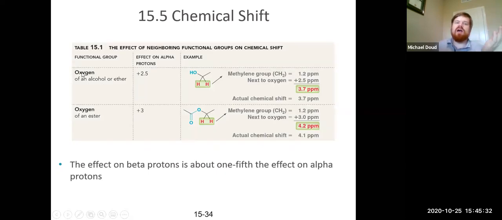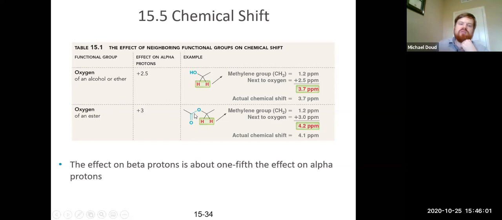So if you have an oxygen from an alcohol or an ether, for the protons that are alpha to it, that's going to add plus 2.5. So if you have a methylene group here, so this is CH2, that's neighboring an OH, it's 1.2 parts per million plus 2.5 parts per million, that gives you 3.7 parts per million. Now, on the other hand, the oxygen of an ester is even stronger, actually.